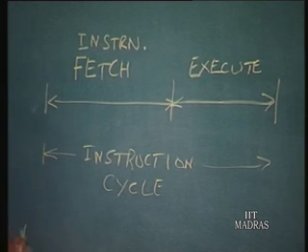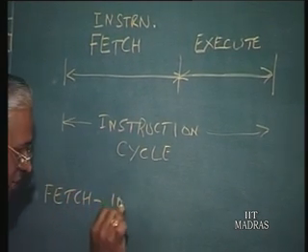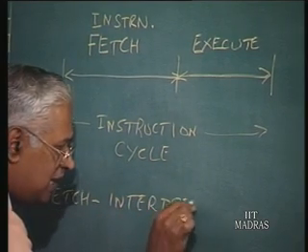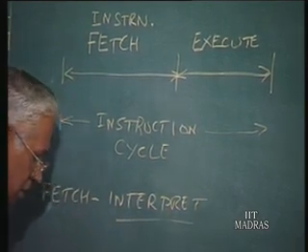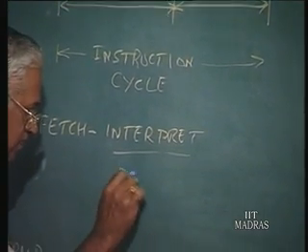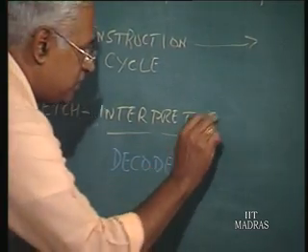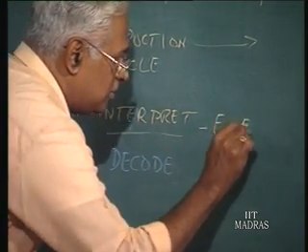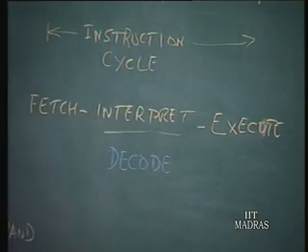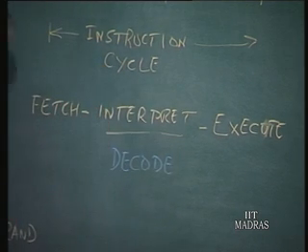So, we may say fetch, interpret, sometimes you have a different name for that, let us say decode, and then execute. This is what you have essentially in any instruction cycle.